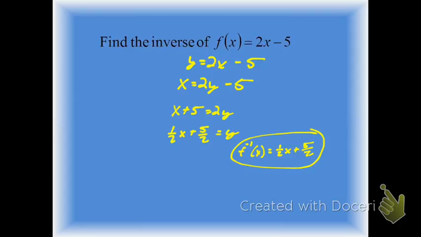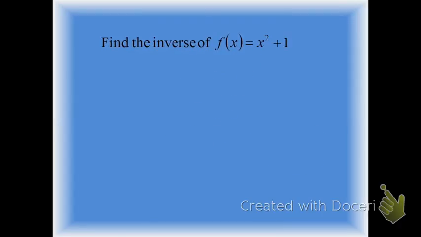Now the next one shows you an interesting fact. Find the inverse of f of x equals x squared plus 1. Same process. So y equals x squared plus 1. You literally switch x and y, so x equals y squared plus 1. You don't move the squares, you just move the variables.